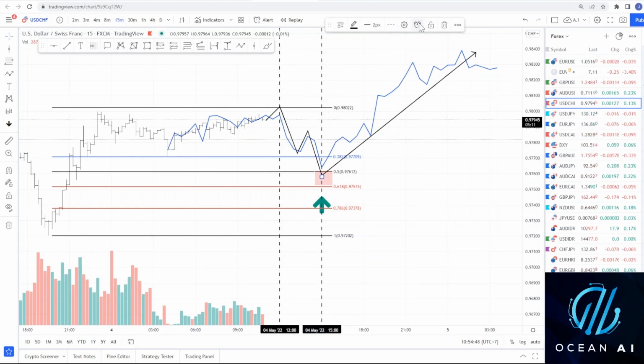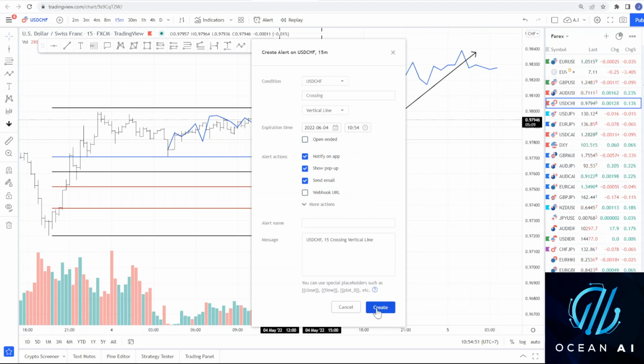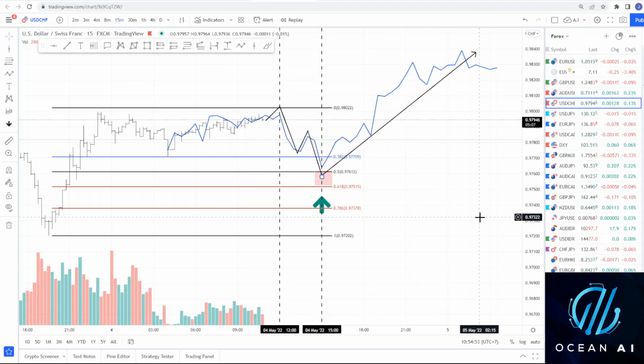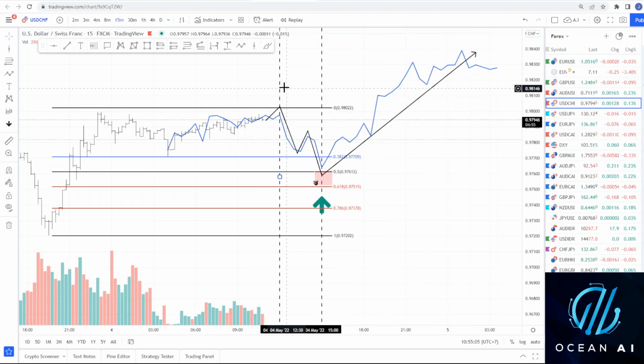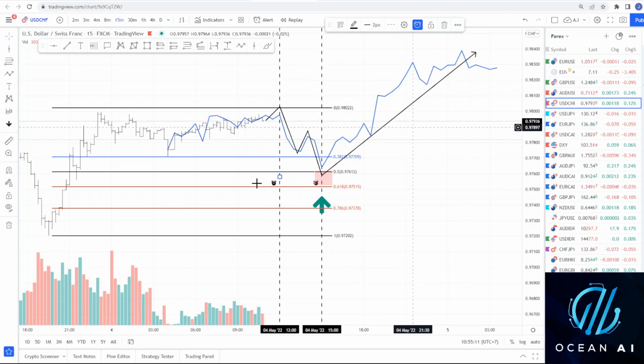Can add an alarm on that one. If you're using TradingView, the best way to do it would be to just mark these times and then add an alarm onto it, and then you don't miss them. The other thing you can do, because obviously you guys don't have the blue line that I have, is use the brush tool and just do a rough drawing.